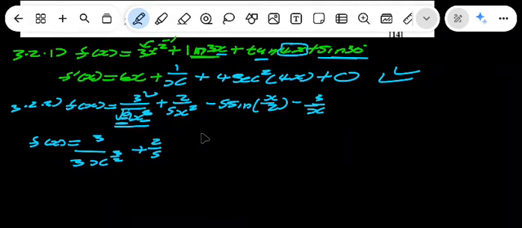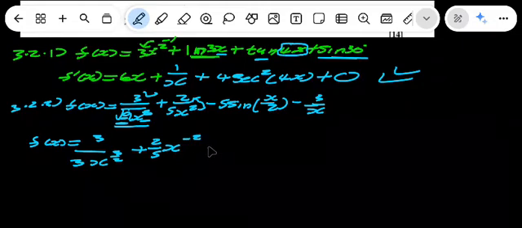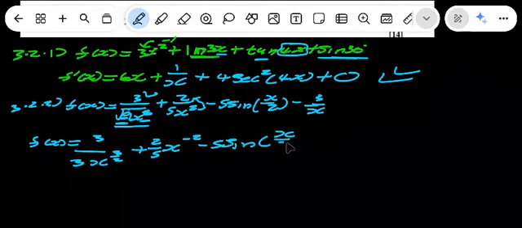You take this to the top, then it will be x to the minus 2, minus 5 sine x over 2.